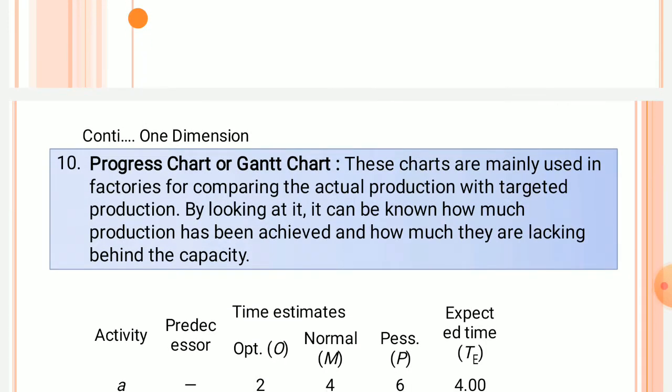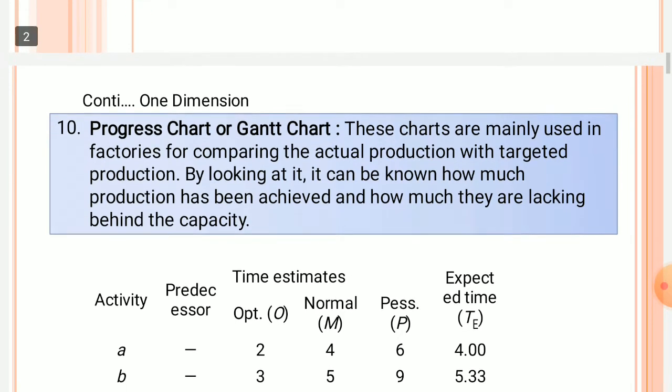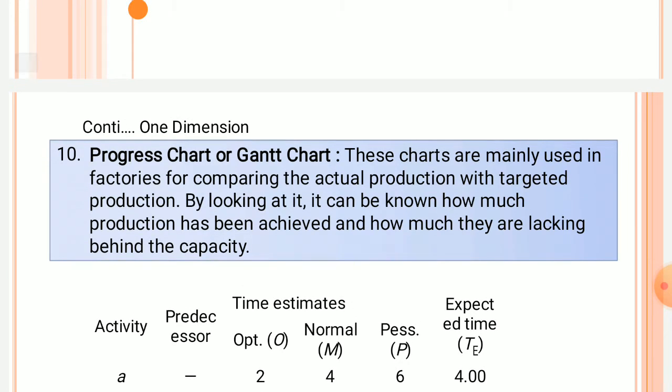The next type of diagram is the progress chart or Gantt chart. These charts are mainly used in factories for comparing the actual production with the targeted production.